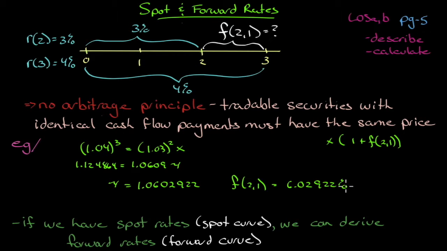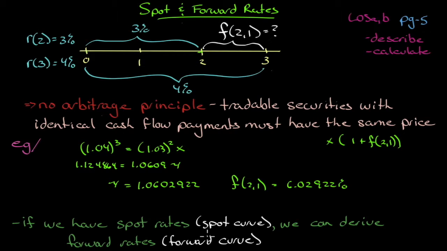So if I have a spot rate up to the period of time where my forward rate begins, and I have a spot rate that lasts to the period of time where my forward rate ends, I can figure out my forward rate. Nice and simple, right? So if we have spot rates or a spot curve, we can derive forward rates or the forward curve. We're going to see that we can go backwards on that too.